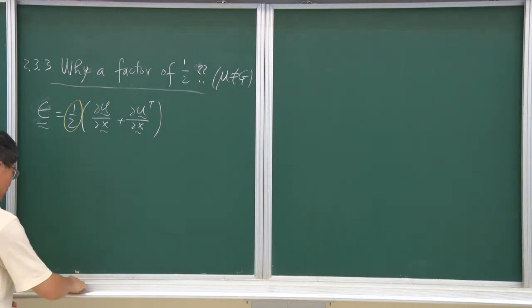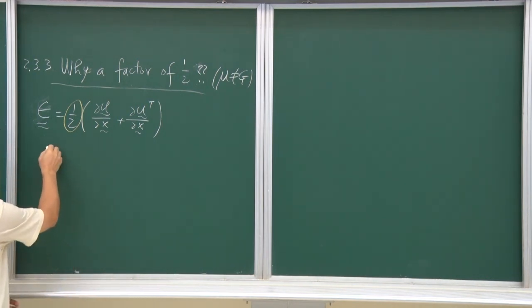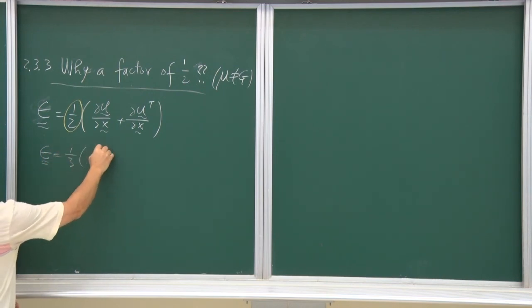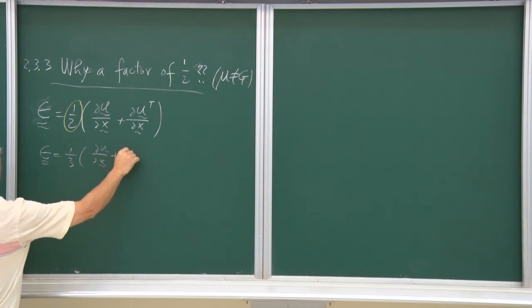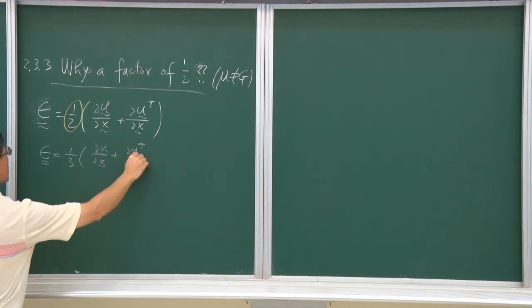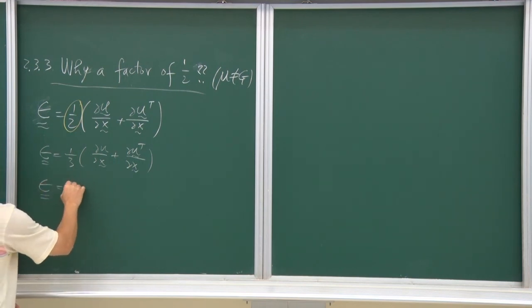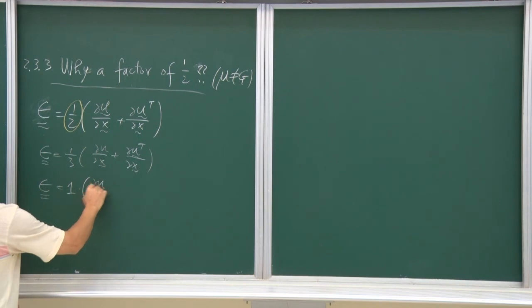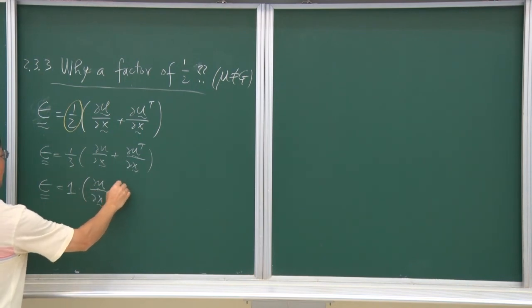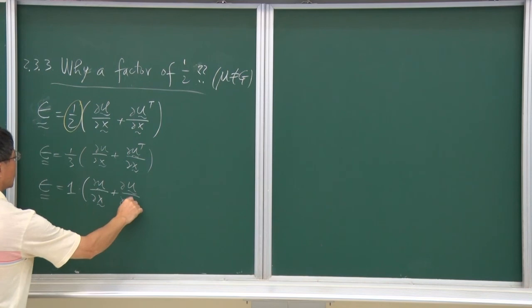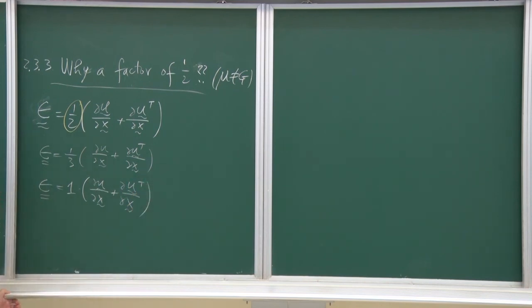Okay, why not something like 1/3? Is it okay? Or 1, is it okay? So we can have different choices. Okay, so what will be the reason why we must have a factor 1/2 here?